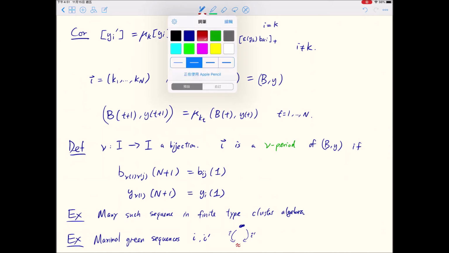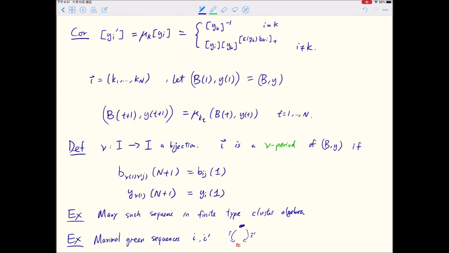Right, so they are isomorphic up to a permutation of the mutable part. So in particular, if you take I and I prime inverse, so you reverse your mutation sequence, then this will be a nu-period also, where the nu is precisely the frozen isomorphism, the permutation here that you have.